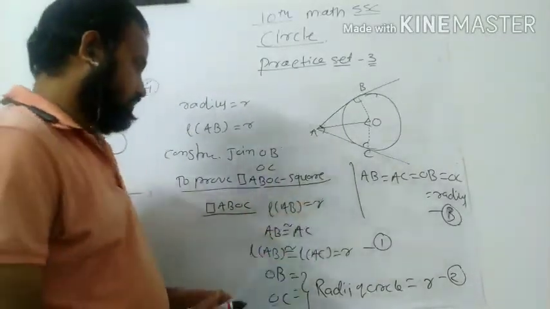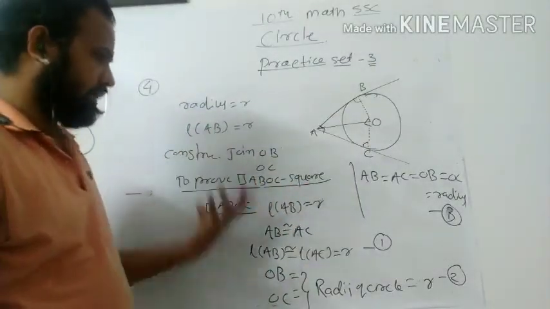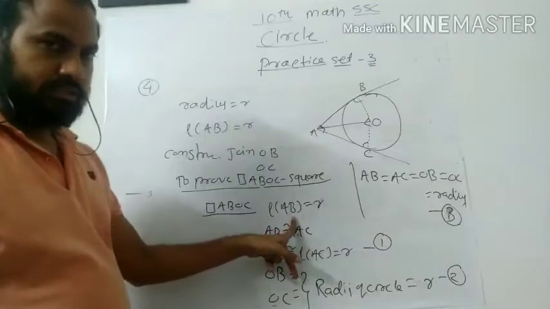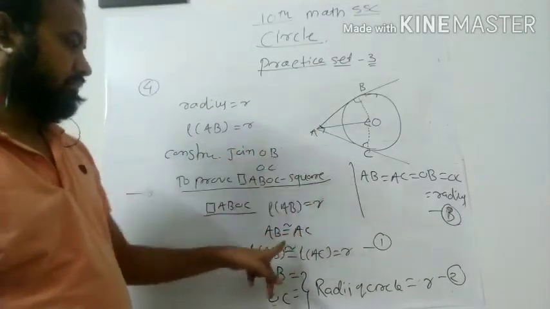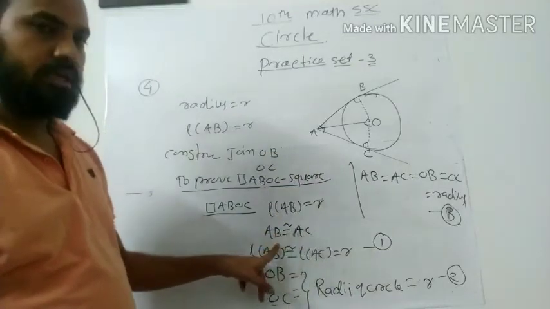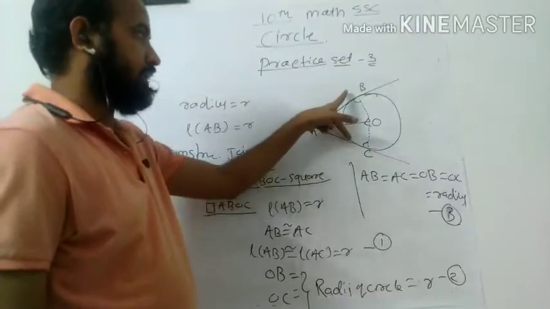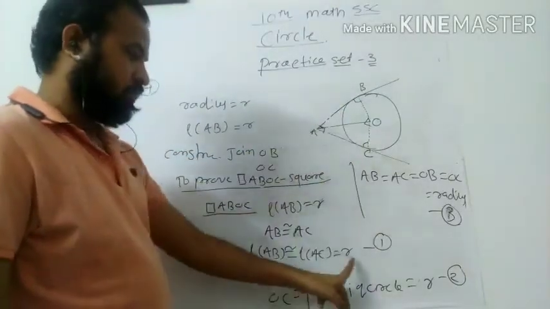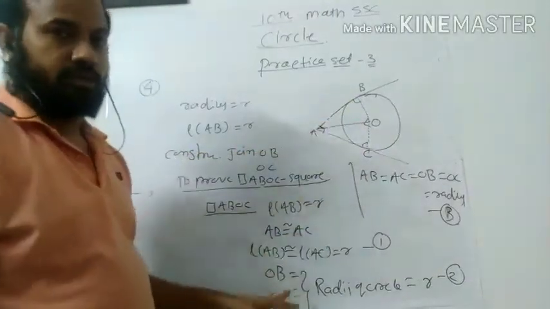Now I will rub this. If you want, you can take a snapshot of this, I will quickly revise it again. So this distance is given as R, isn't it? It is given in your problem. And why am I writing AB equal to AC? Because these tangent segments are generated from the same point, hence AB equals AC, which is equal to R. And I will join OB and OC, which are nothing but the radii of the circle.